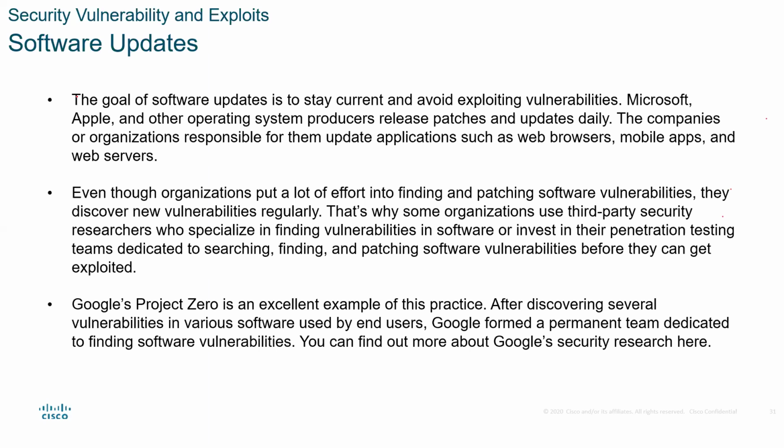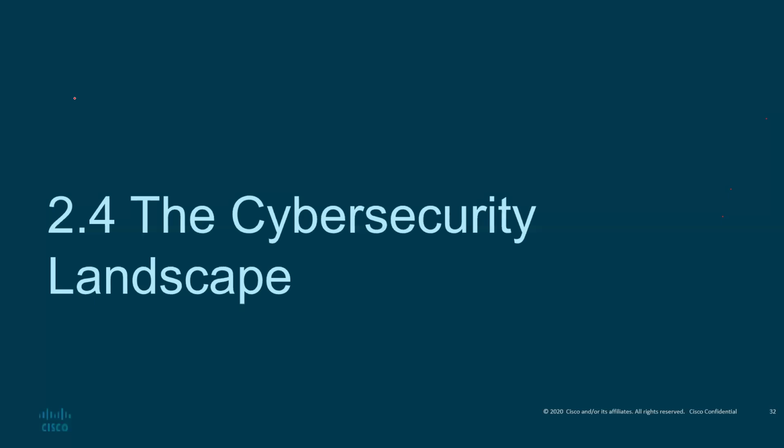Even though organizations put a lot of effort into finding and patching software vulnerabilities, they discover new vulnerabilities regularly. That's why some organizations use third-party security researchers who specialize in finding vulnerabilities in software or invest in their own penetration testing. All right. So Google's Project Zero is an excellent example of this particular practice.